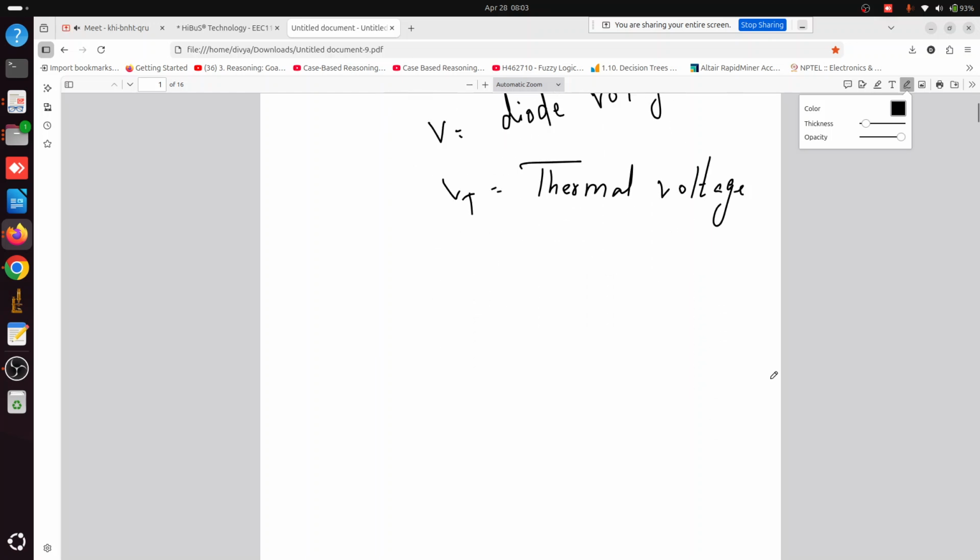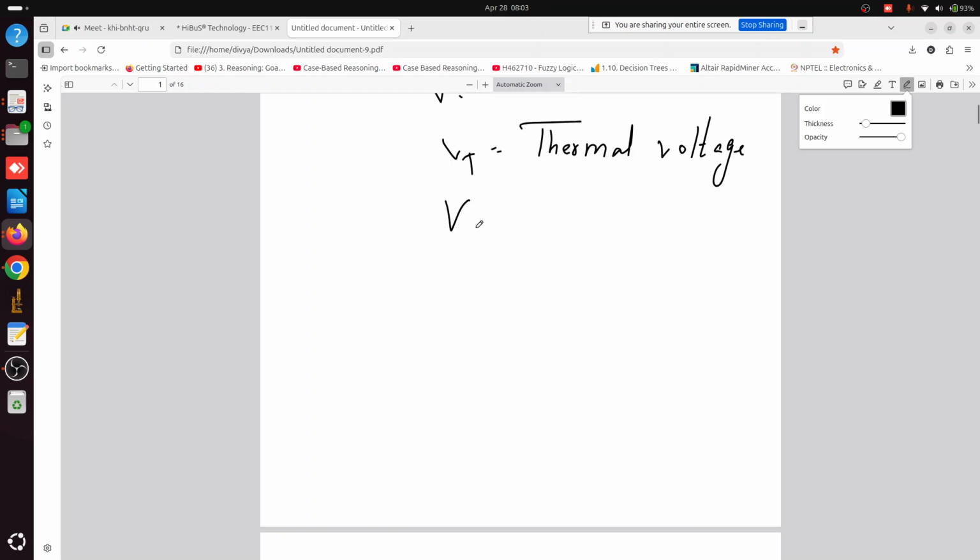It is expressed as KT divided by Q, where K is the Boltzmann constant, T is temperature in Kelvin and Q is the charge. At room temperature, this VT is going to be equal to 25 millivolt. Remember this one, this is very important.